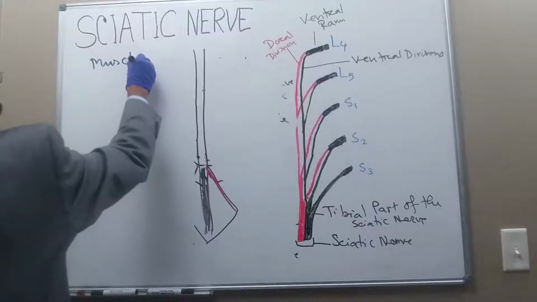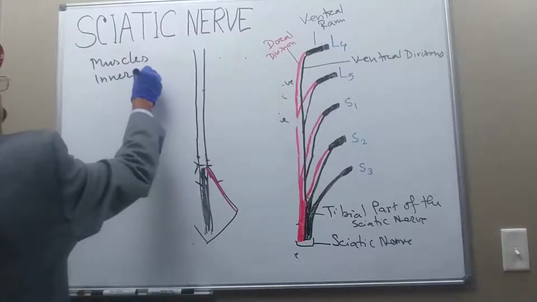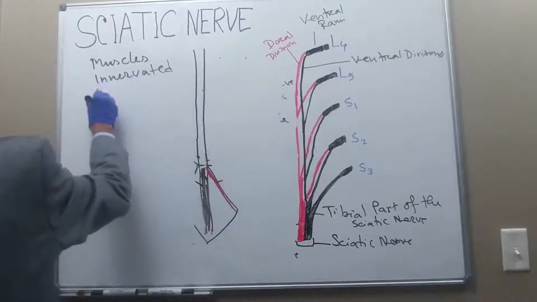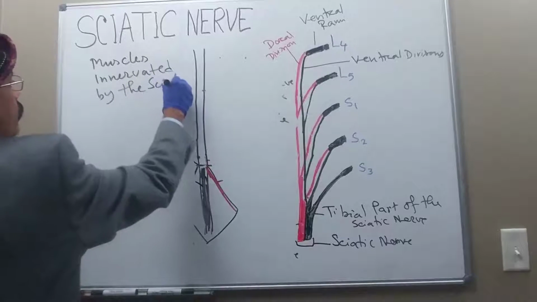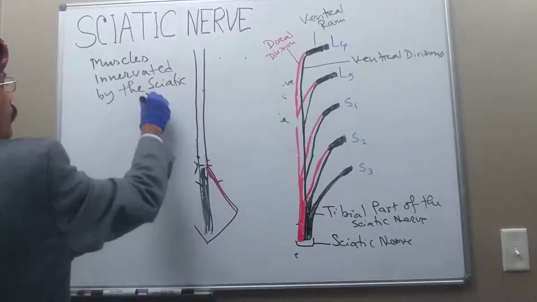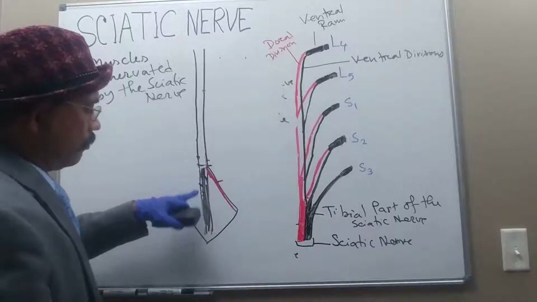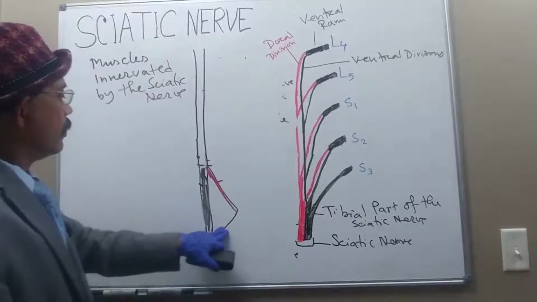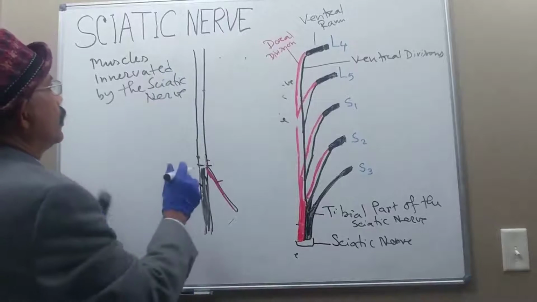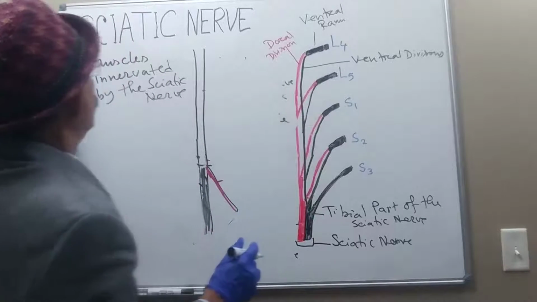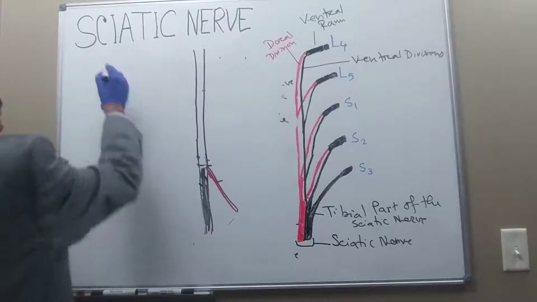Muscles innervated by the sciatic nerve directly, not from the major branch contributions. These are the hamstring muscles.